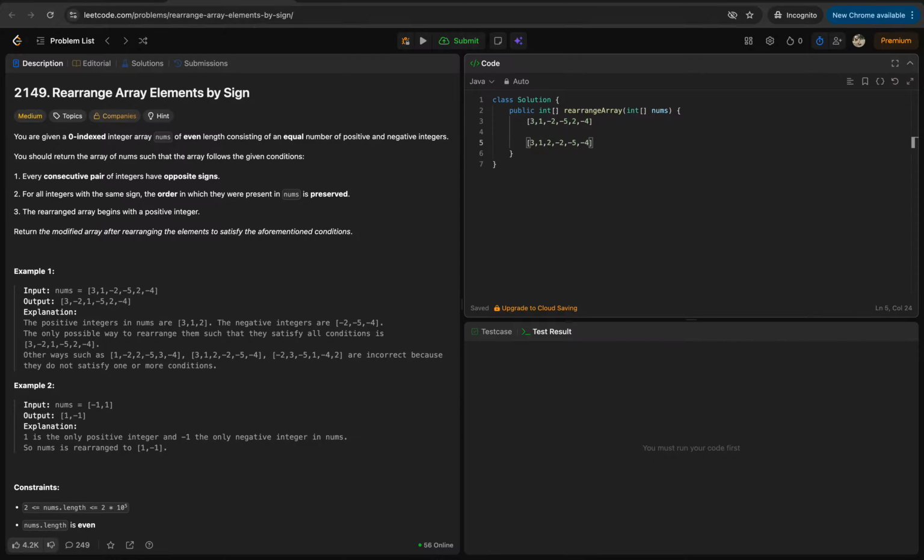How we'll do it I don't know right now, but I'm just thinking out loud. We'll make a separation, positive numbers at the beginning, negative at the end, and later we'll iterate over this array and make it like 3 -2.